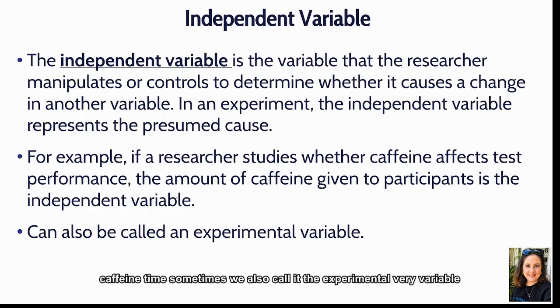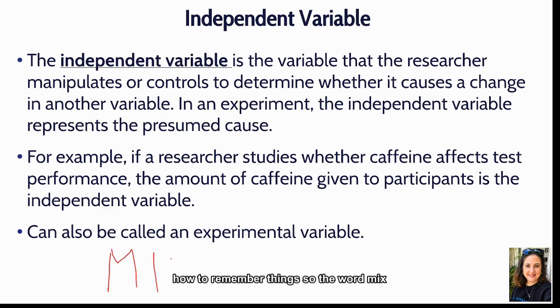Sometimes we also call it the experimental variable. And there is an acronym that I use to teach my students in high school how to remember things. So the word MIX: M stands for manipulated, I stands for independent, and the X is for x-axis.